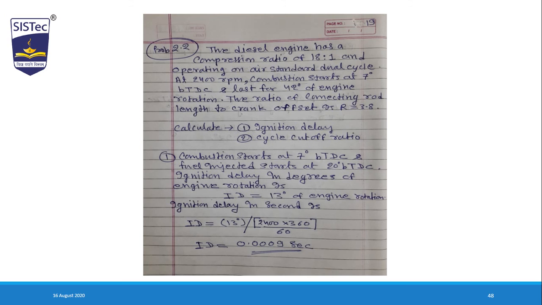So the ignition delay in seconds is 13 degrees divided by 2400 times 360 divided by 60. The answer is 0.0009 second.